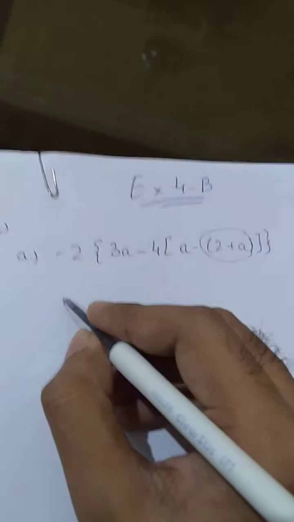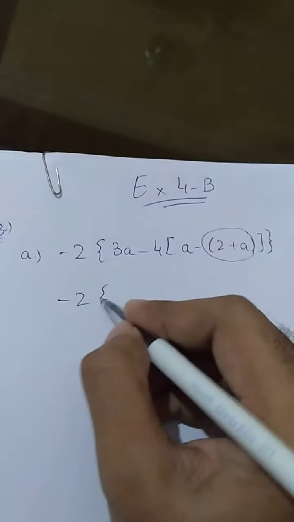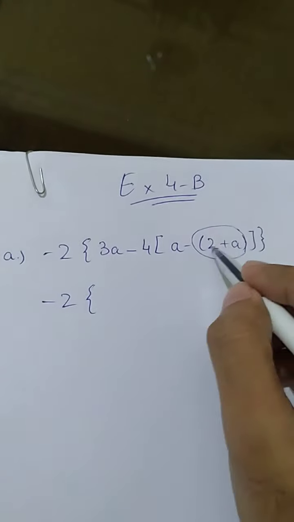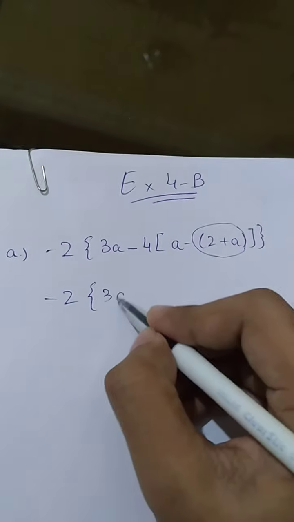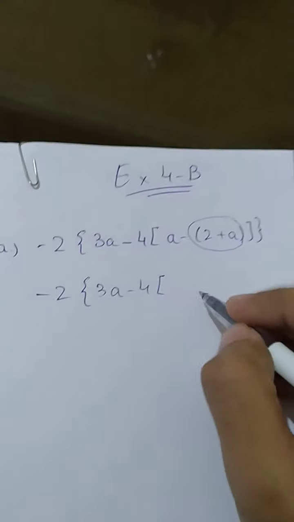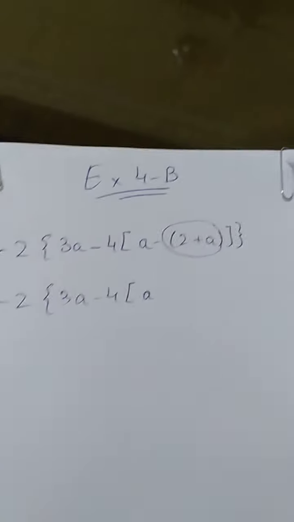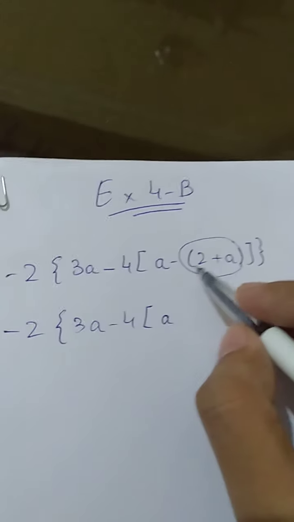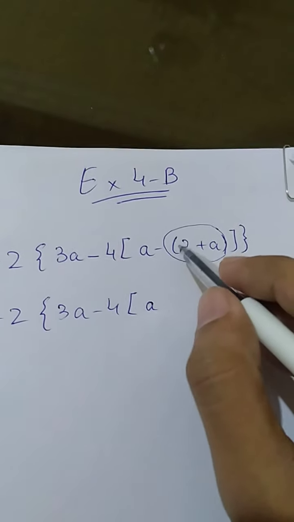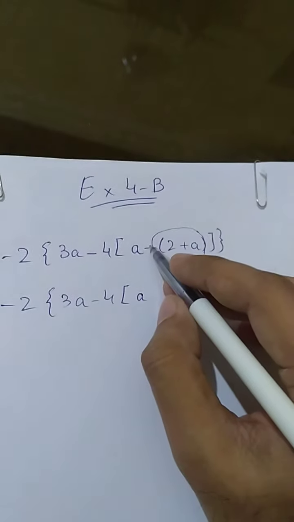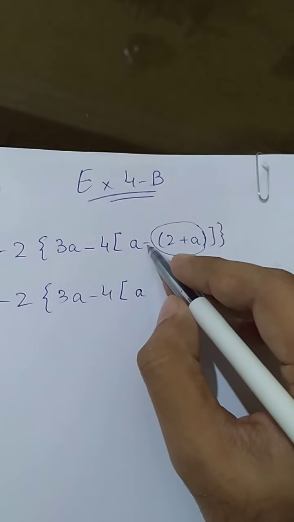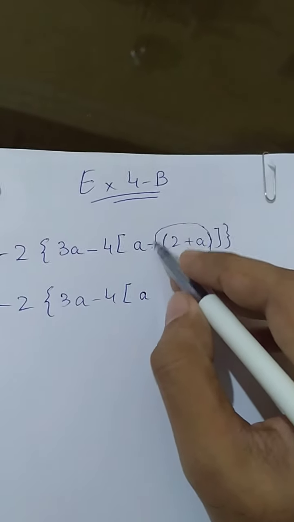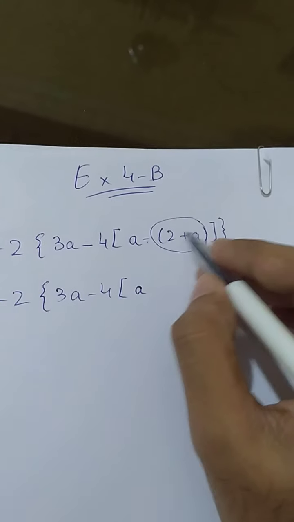So let's start now. I will write the entire question as it is, just until this bracket is written. So 3a minus 4 bracket a. Now we have to stop here. Now here there's a round bracket, so I need to solve this first. So I will multiply whatever is immediately outside the bracket. As you can see, the minus sign is exactly outside the bracket, so minus will multiply with the values inside the bracket.